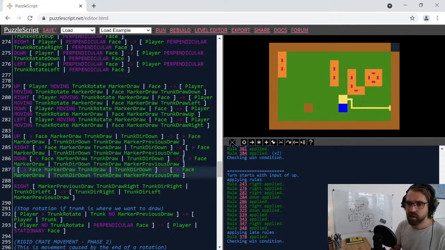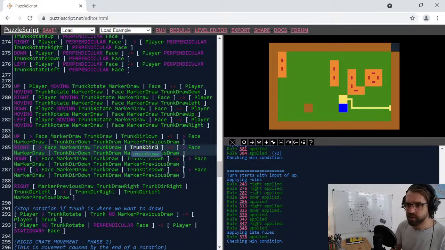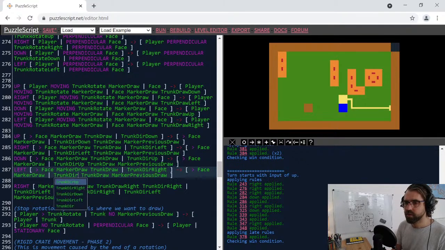Down, left, face. So these are always the opposite. Left, left. That's it. And this is up and up. This is right and right.